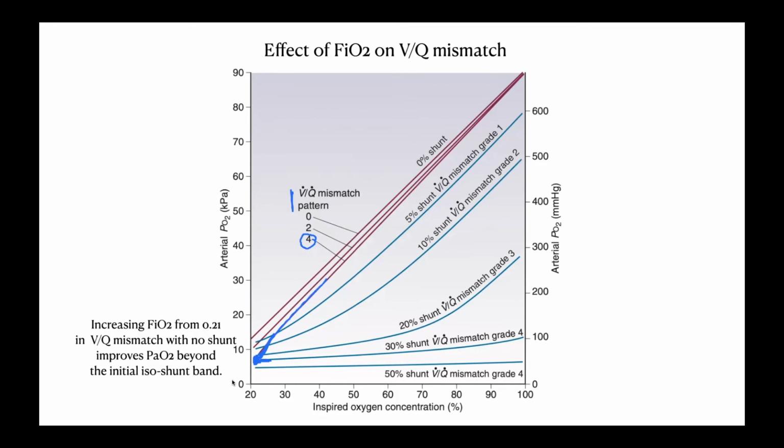Now, I guess what's really interesting is what's happening up here. Okay. And so what this diagram suggests is that as you increase your oxygen concentration, despite having a very severe VQ mismatch, you can actually correct your arterial PO2 back to normal.